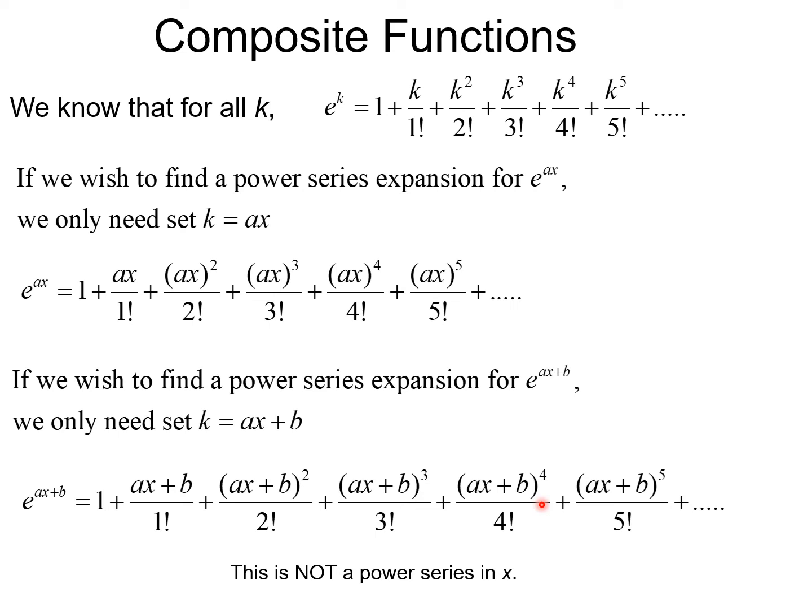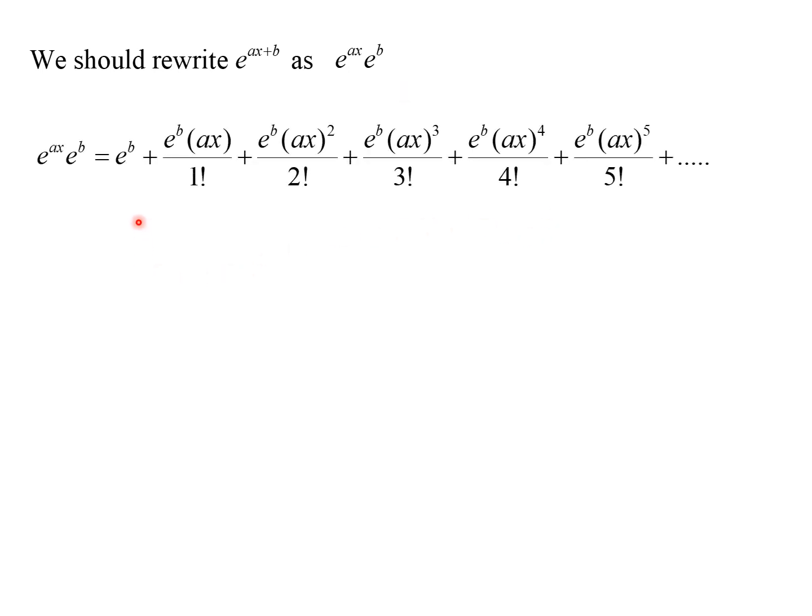In order to do that, by looking at this slide, you should rewrite e to the power of ax plus b using index law. You can write it as e to the power of ax multiplied by e to the power of b. So you get e^(ax), which we already got in the previous slide, multiplied by e^b. Each term, you just multiply by e to the power of b.